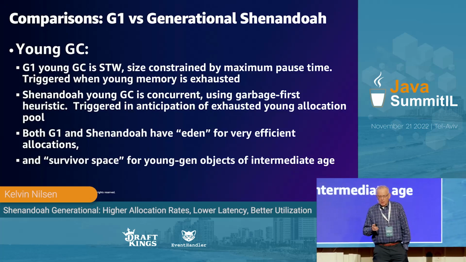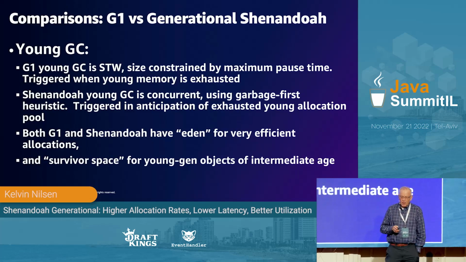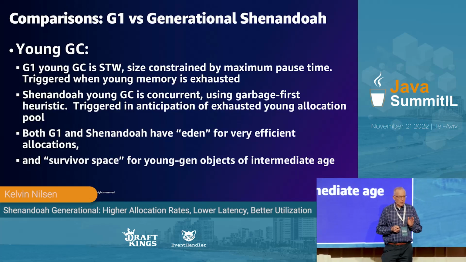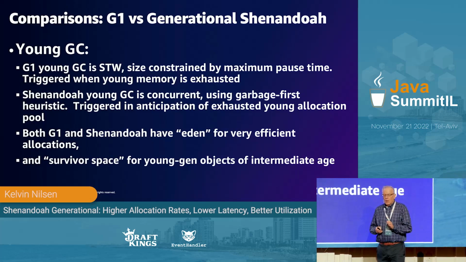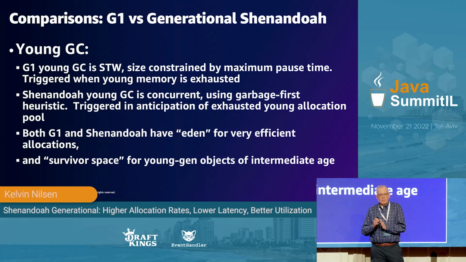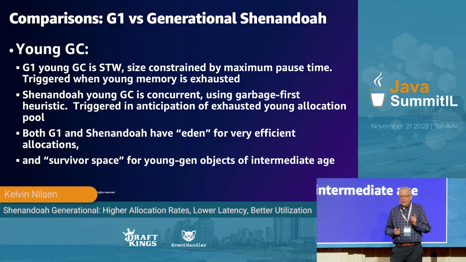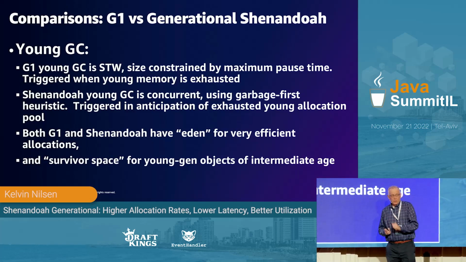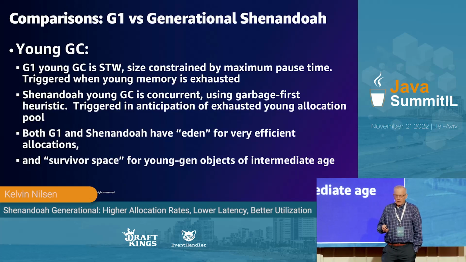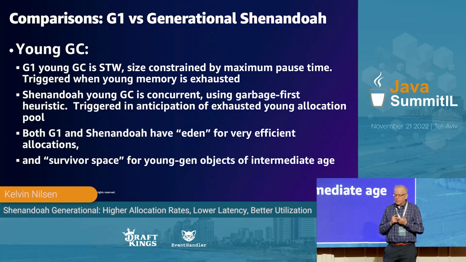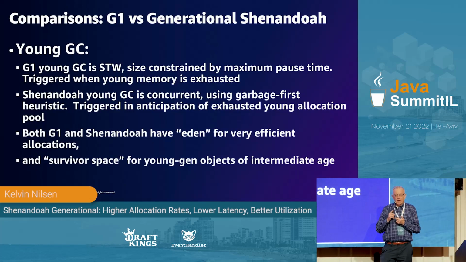Remember that with G1, the young collection is stop the world. The size is constrained by the maximum pause time, and it's triggered after you are out of memory. With Shenandoah young garbage collection, we have to anticipate when we're going to run out of memory.